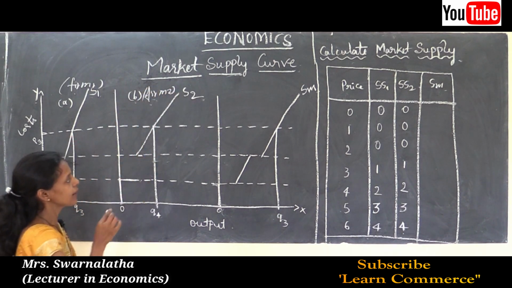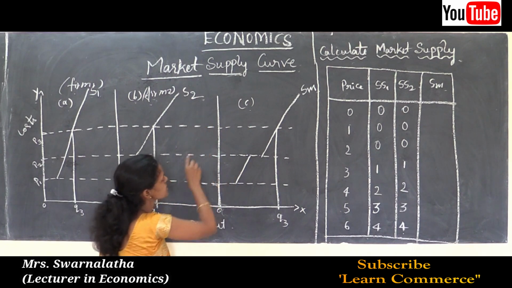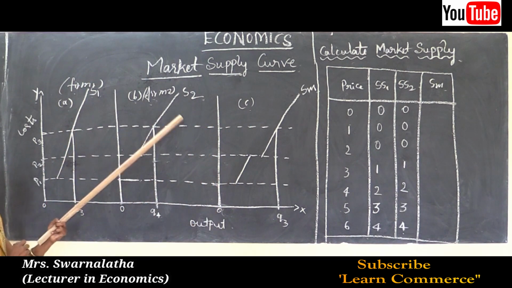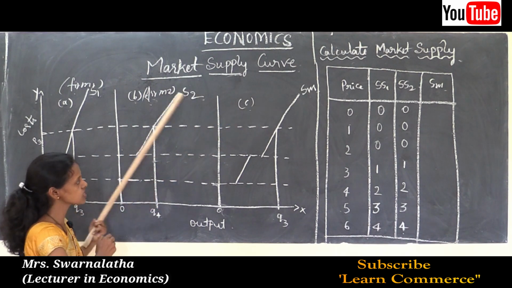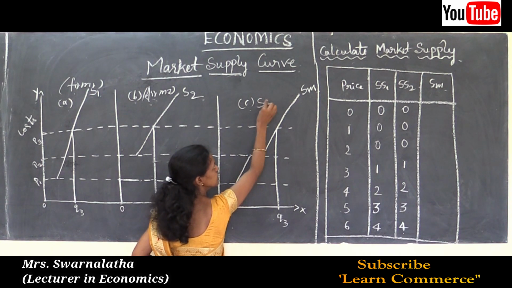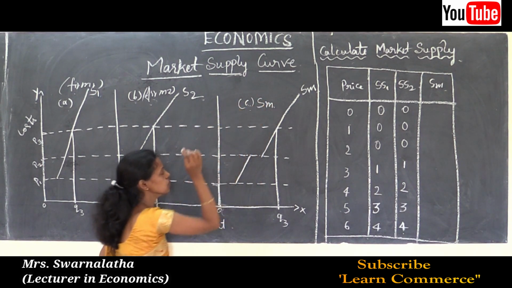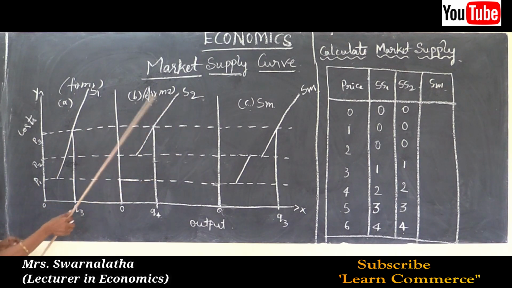Panel C shows a combination of the supply curve of firm 1 and the supply curve of firm 2. Together it is the horizontal summation of market supply. Thus it is the market supply of firm 1 and firm 2 respectively.